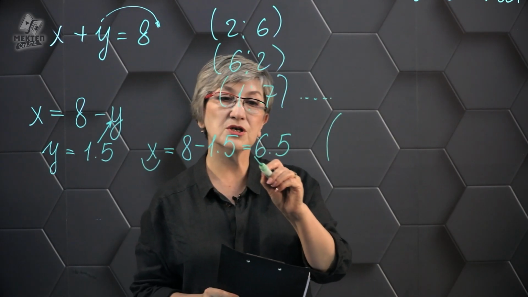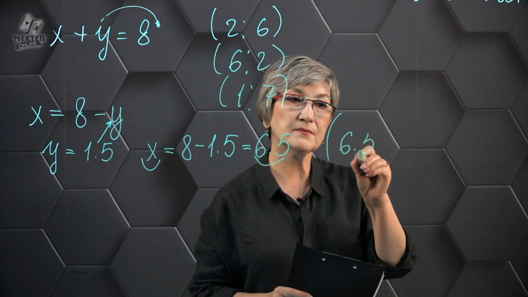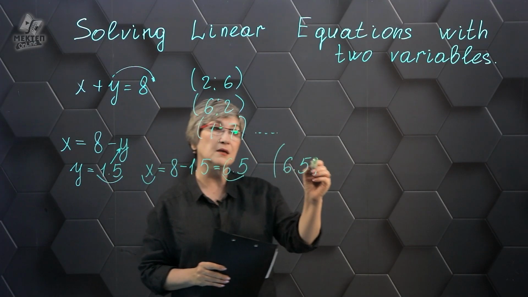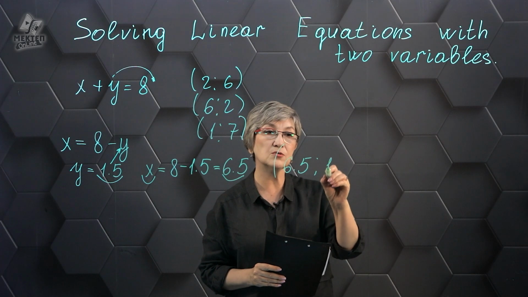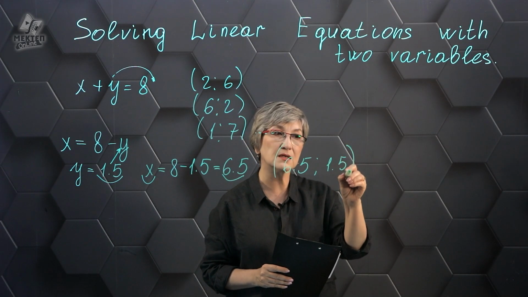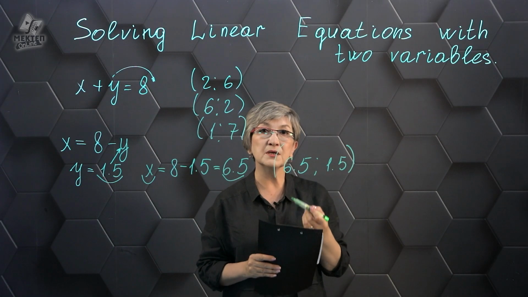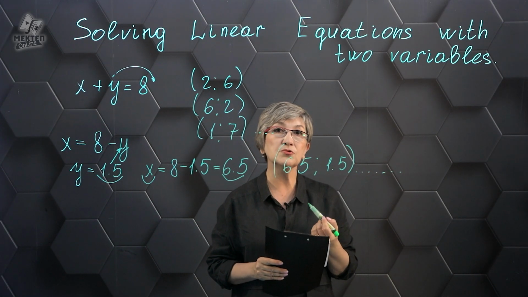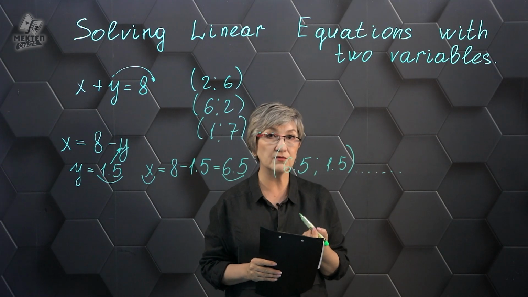X equals 6.5 and y equals 1.5, and so I can write down a pair of numbers that will be the solution to our two-variable equation.